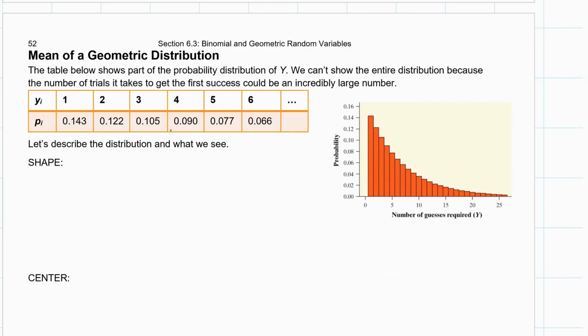Well, the shape is always, always, always going to be skew right. And, although this feels contradictory, always the first outcome, the outcome that gets on the first try, that's always going to be your highest outcome. Always.